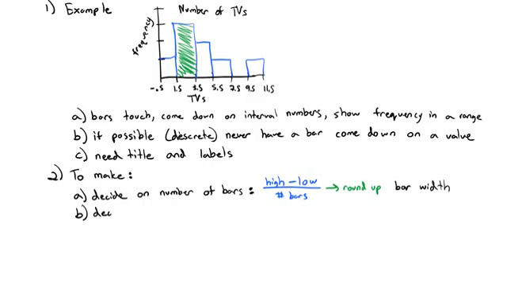Next, we need to decide on the starting value. What I usually recommend we do to decide on the starting value is do 0.5 before the lowest number. In my TVs example, 0 is the lowest number of TVs, so I went 0.5 before that, so I'm staggered, and the bars won't come down on that. Then it's helpful to make a frequency table.